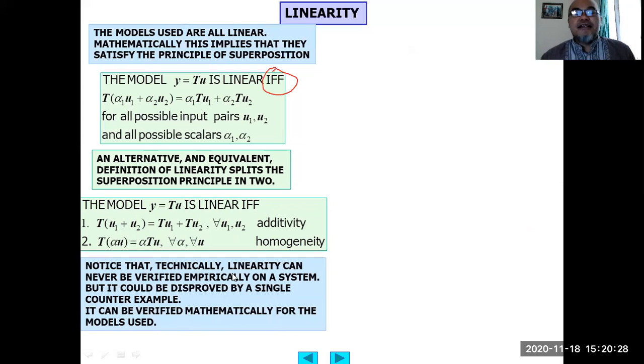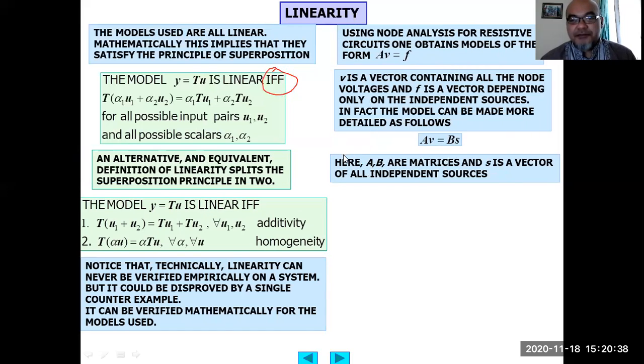Notice that technically linearity can never be verified empirically on a system, but it could be disproved by a single counterexample. It can be verified mathematically for the models used. So using node analysis for resistive circuits, one obtains a model of the form. Remember the node analysis.